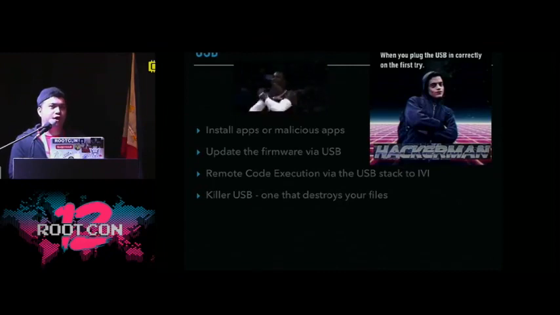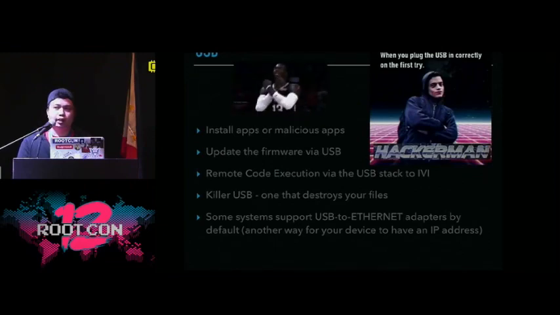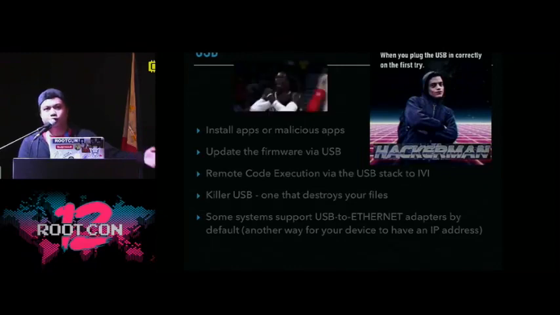If you use this on one of the cars and it detects the USB directly without any validation, it's possible that you can destroy your IVI. And if there's no internet in the car, one workaround is to use a USB to Ethernet adapter, because some systems support USB to Ethernet. So this is another way for you to get an IP address of your IVI.